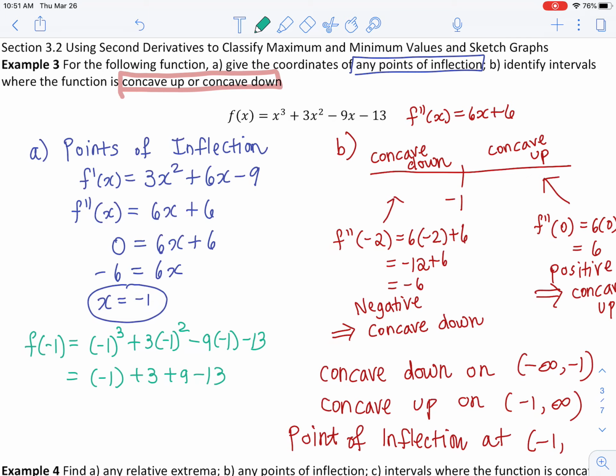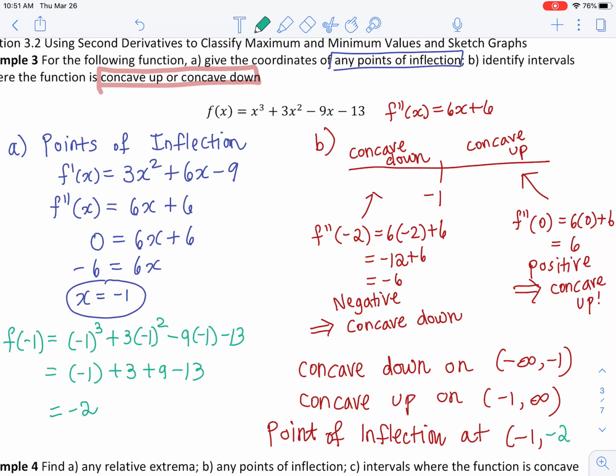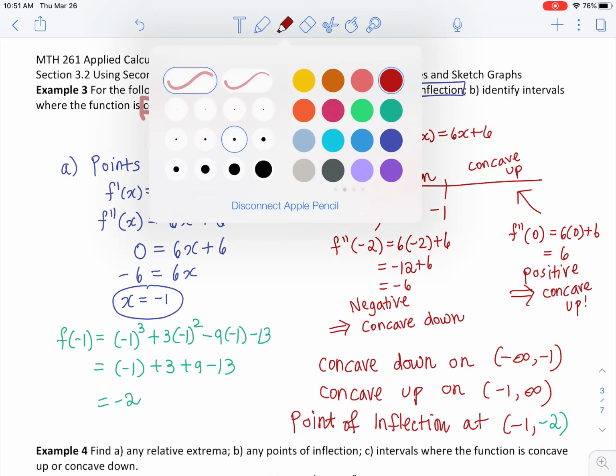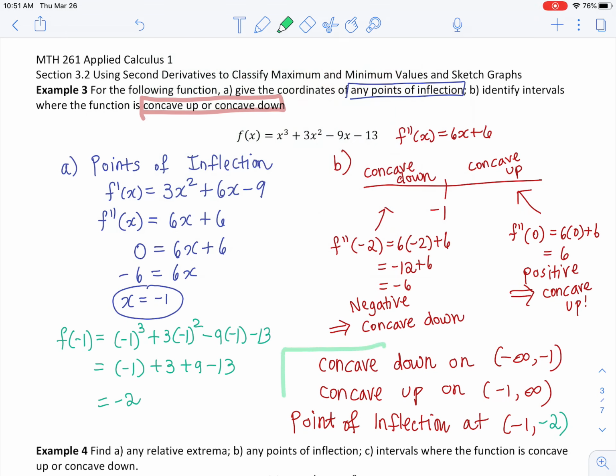So what's that going to be? It is -2. So the inflection point is at (-1, -2), and we answered this question completely. So that's it. That's what we do. Let me box my answers.